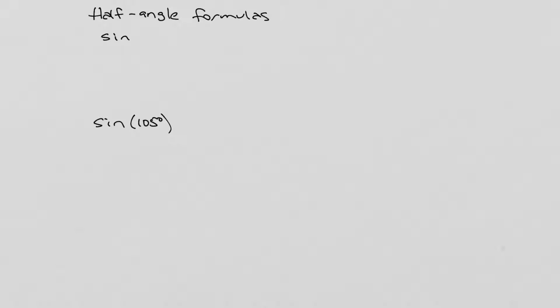If I have sine of 1/2 x, that's plus or minus the square root of 1 minus cosine x over 2, all under the square root.